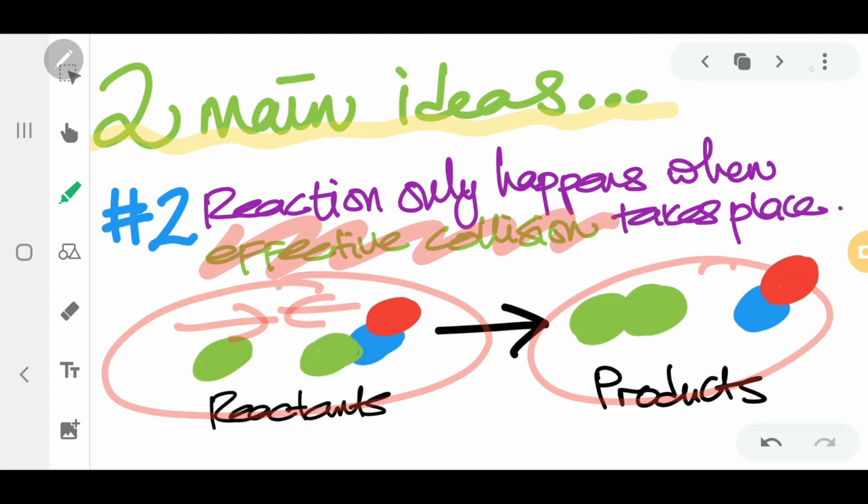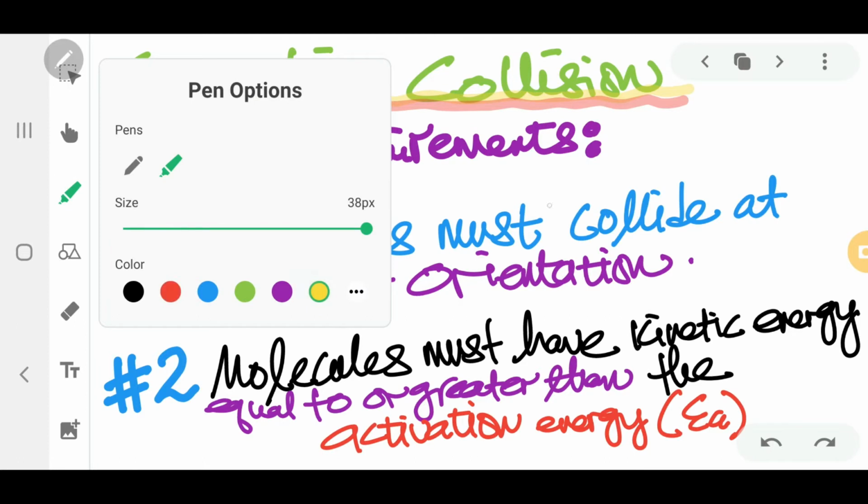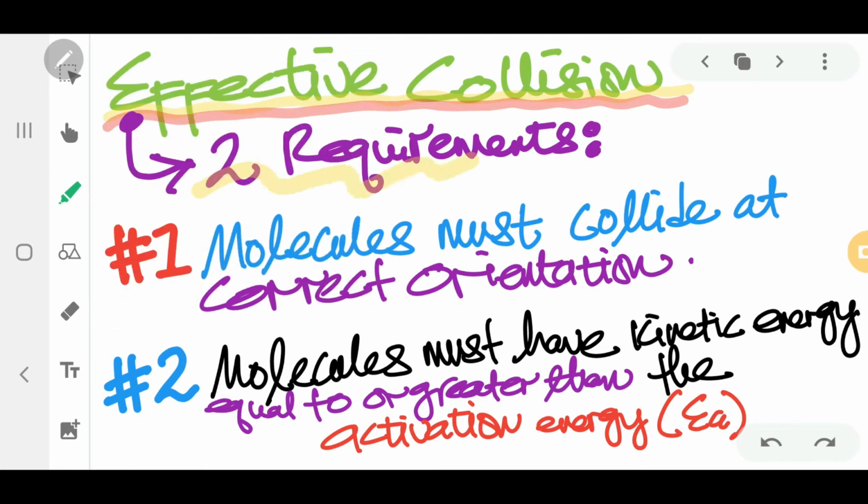So it's important for you to remember the particles will be colliding with one another to have a reaction, and the collision needs to be an effective collision. Now, effective collision will have two requirements. If you want to have effective collision to happen, the molecules need to fulfill two requirements.